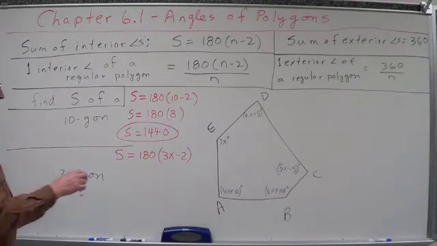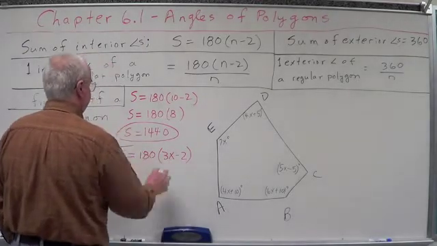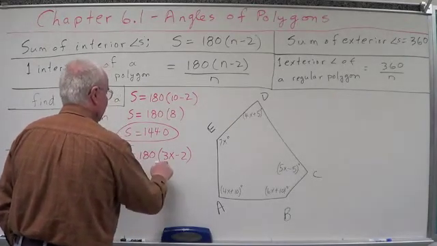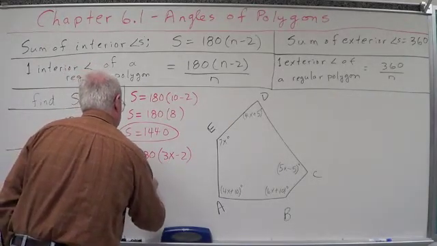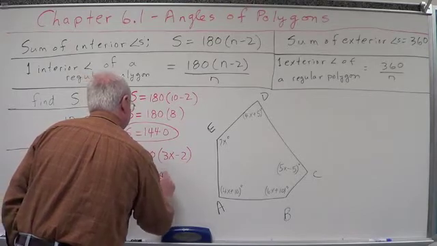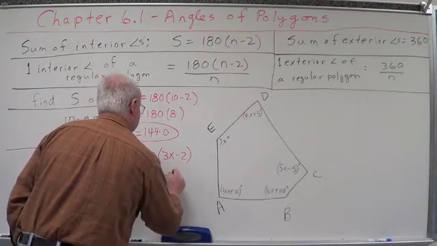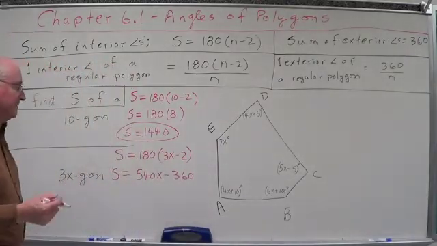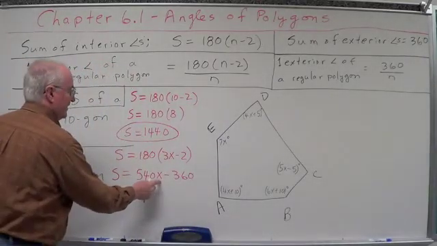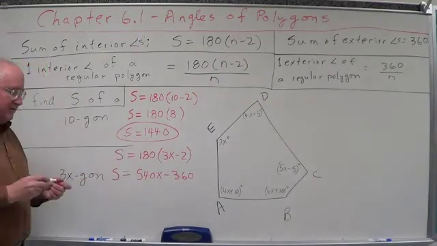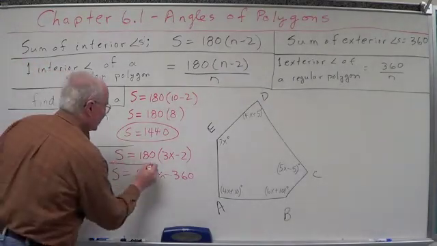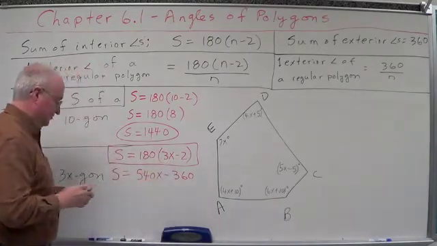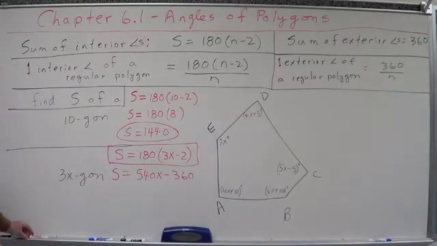You want to go one step farther, we can go like this: 540x minus 360. That's about as far as we can go, simply because we don't know what x is. This is a very adequate answer. Once we know what x is, we can take care of that.